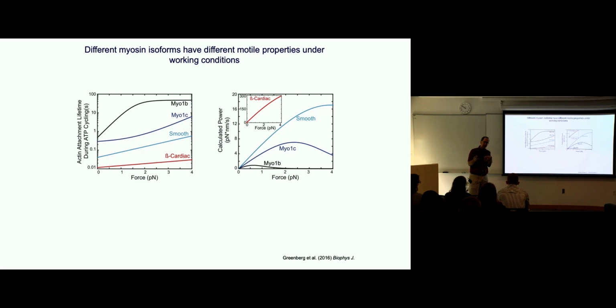But remember, if there's no force in the system, no work is being done anyway. It's complicated because it's related to the force times distance as well as how fast it goes through that cycle. So as you increase the force and you don't decrease the kinetics, the power is going to increase.